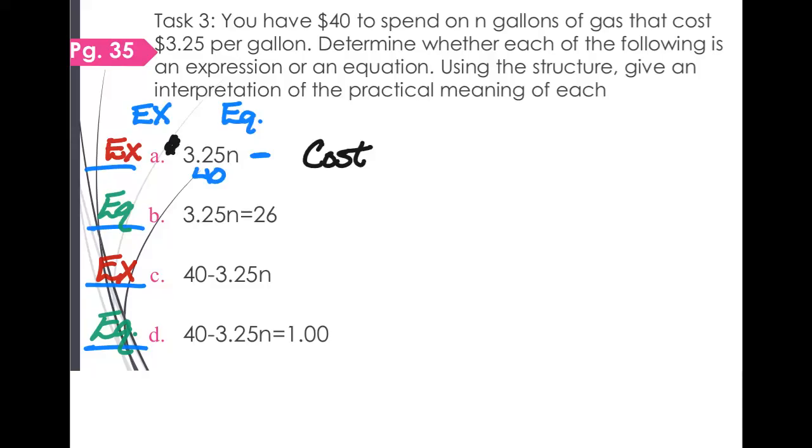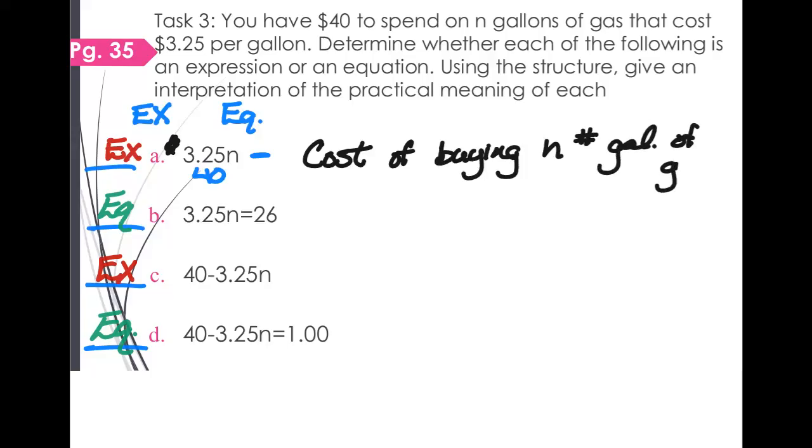So it's the cost of buying n number of gallons of gas. Do you see what I'm looking for here? I know it means the number of gallons of gas times 3.25 because each one is that. But the final thing is it would be the total cost of buying n number of gallons of gas. Do you see the difference there a little bit?